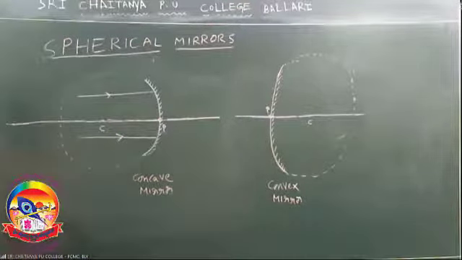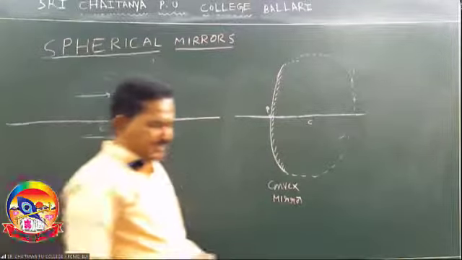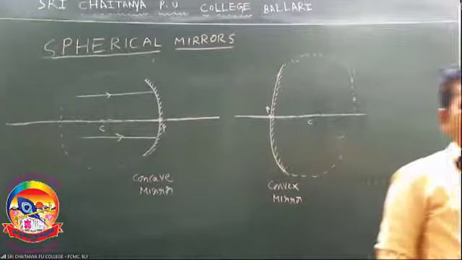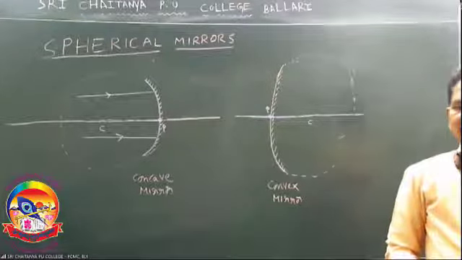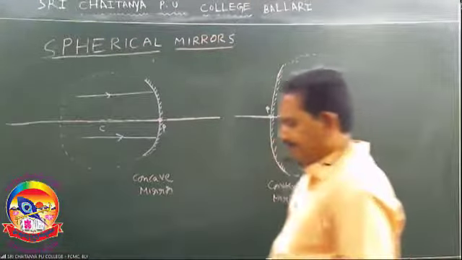Consider the light rays which are falling onto the concave mirror parallel to the principal axis. And also the light rays are paraxial rays. The light rays which we deal in optics are of two types.